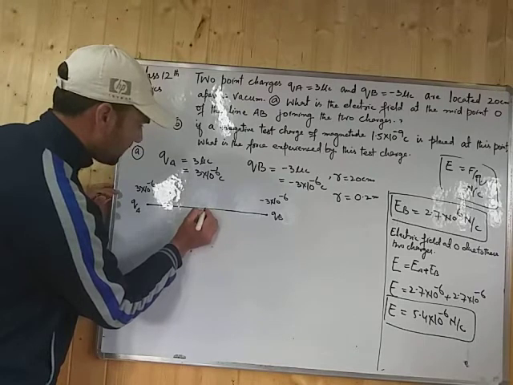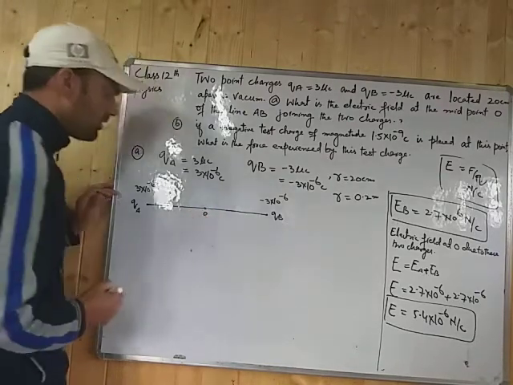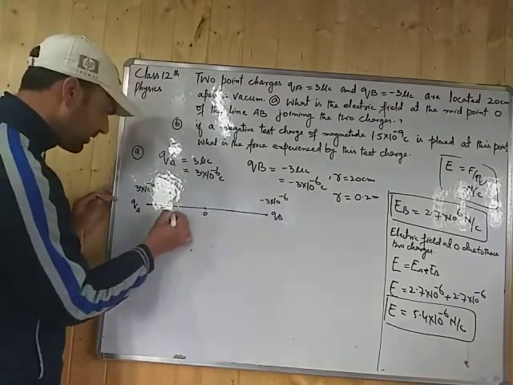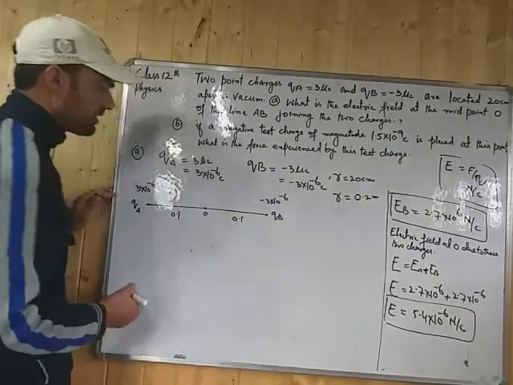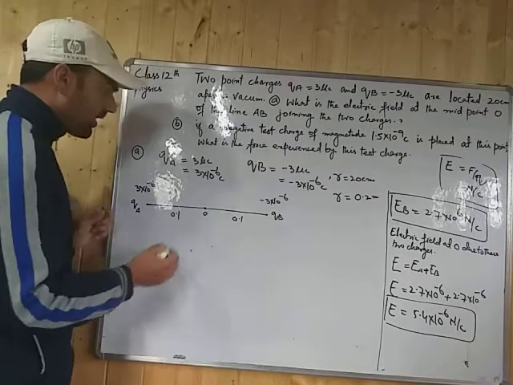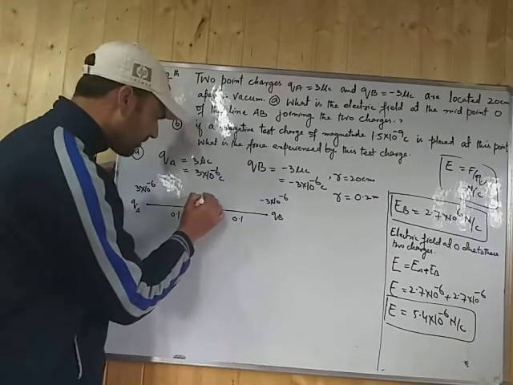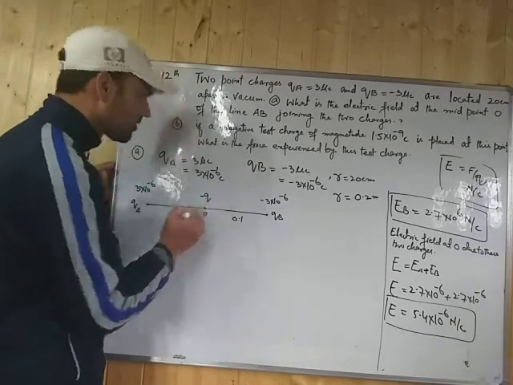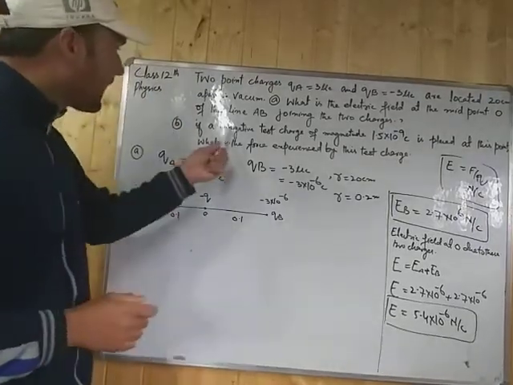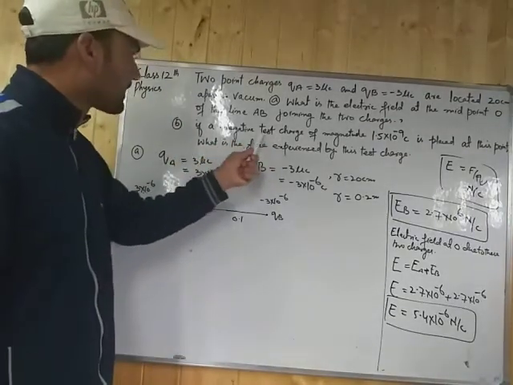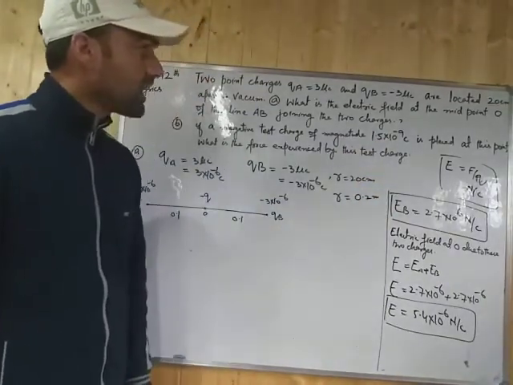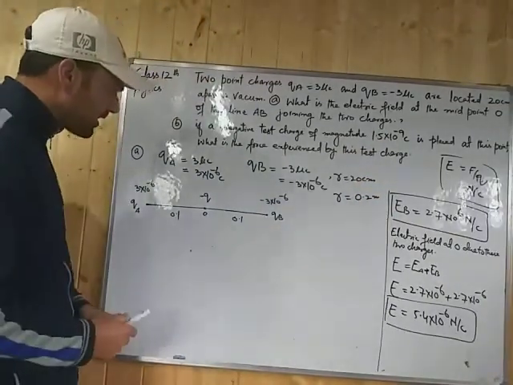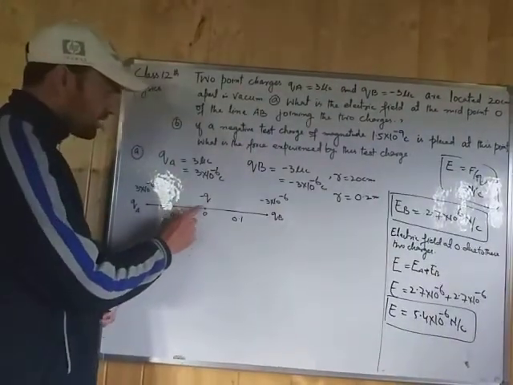This will be the center O, and the distance from the center to each charge is 0.1. So here a negative test charge of magnitude 1.5 into 10 raised to power minus 9 coulombs is placed at this point. That means a charge of minus q is placed at this point.